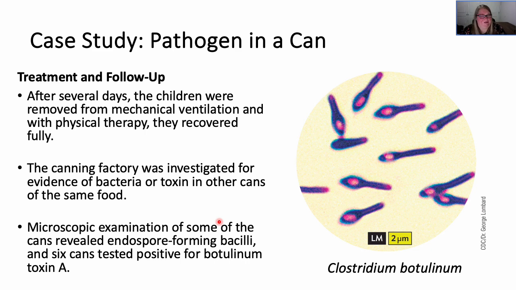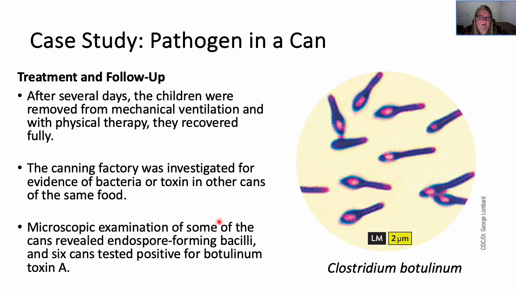Now, canned food isn't the only thing that can be contaminated with this toxin. Clostridium botulinum can actually get into honey in the beehives. And this is one of the reasons why babies aren't allowed to have honey until after a certain age, because of this possibility of having it be contaminated with this bacterium.